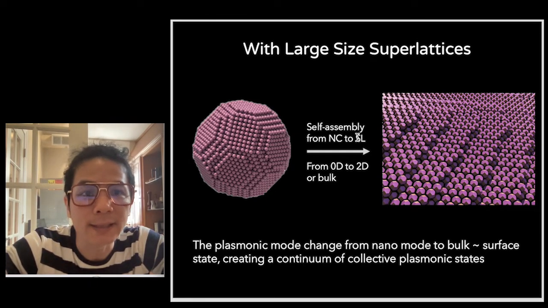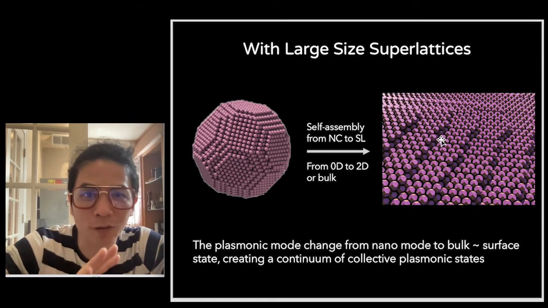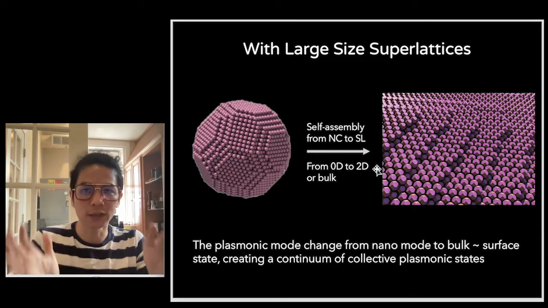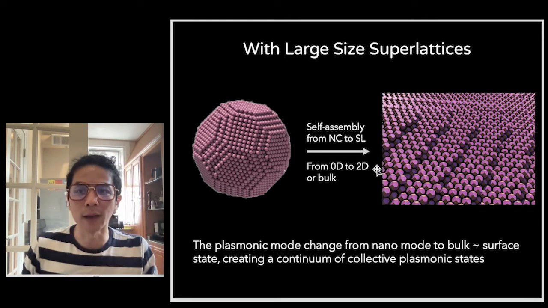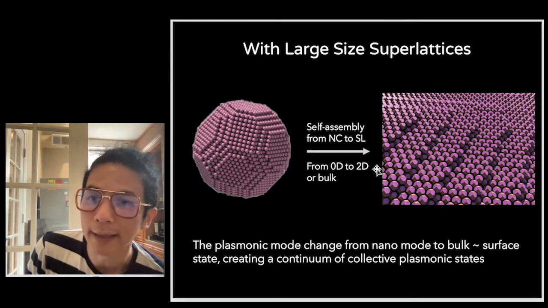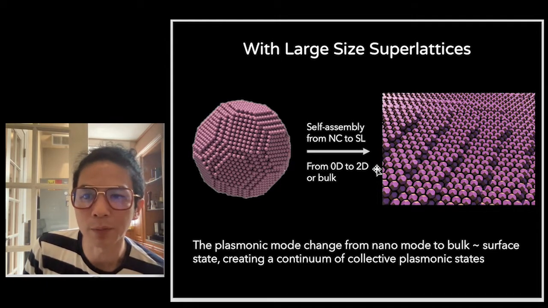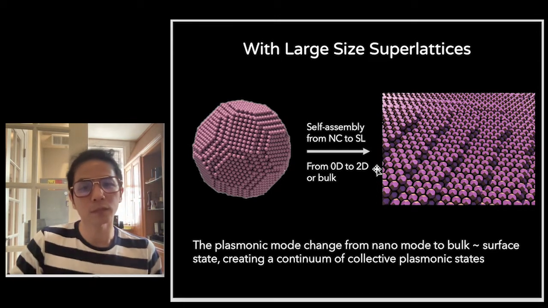But when this is packed into an ordered array of nanocrystals, which is called a nanocrystal superlattice, there are only specific modes of the excitation because of the plasmonic hybridization.